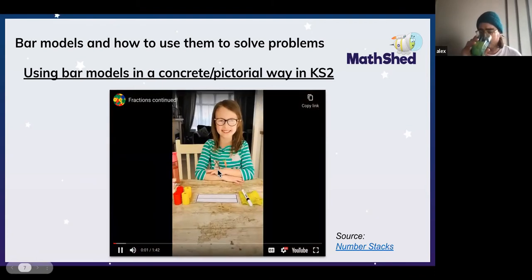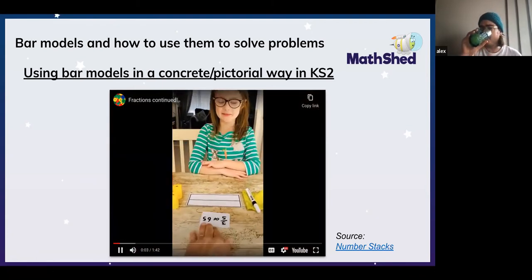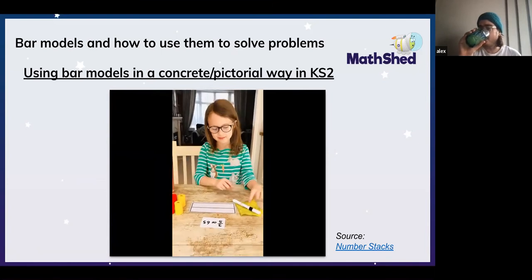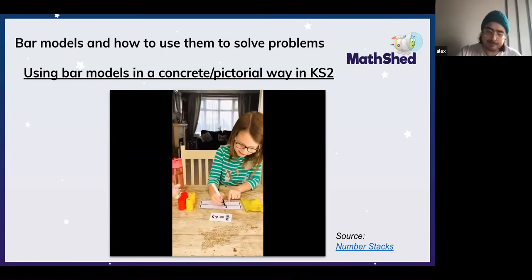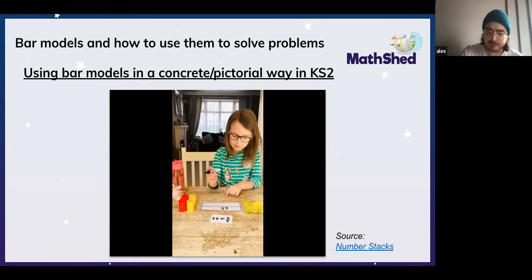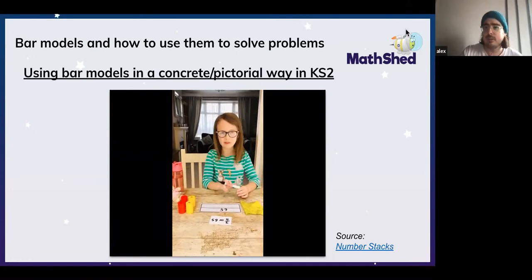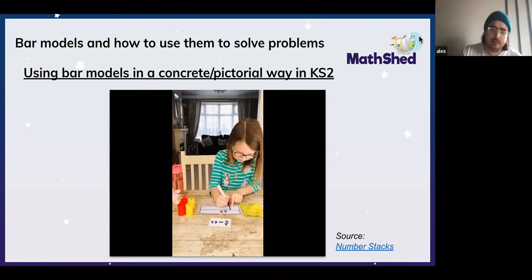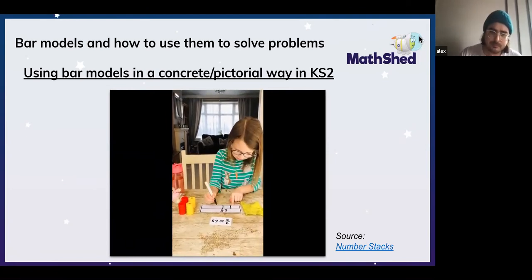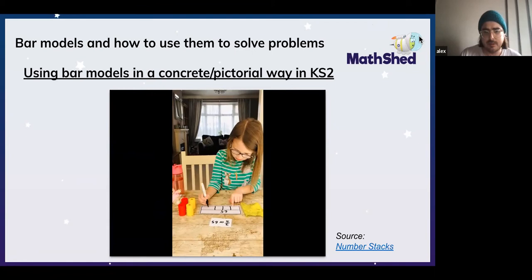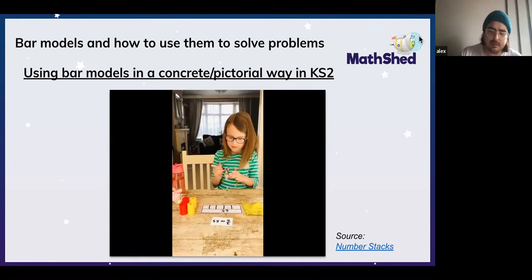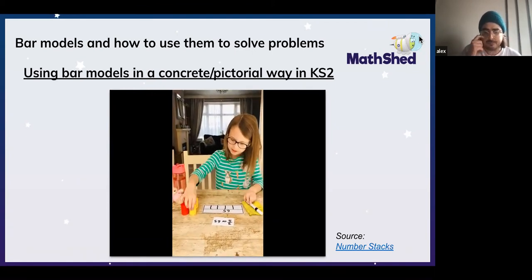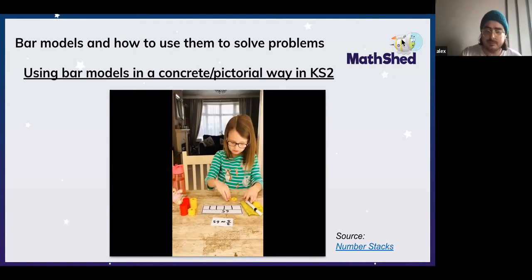A bit tricky this time, Jess. I'd like you to try and do 3/5 of 65. Okay, I'm going to write 65 at the top, and I'm going to split into 5 parts because the denominator is 5. I'm going to make 65 down here.